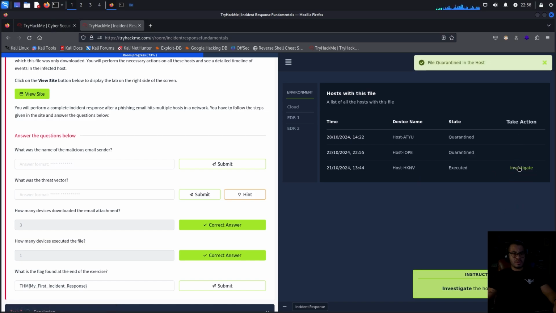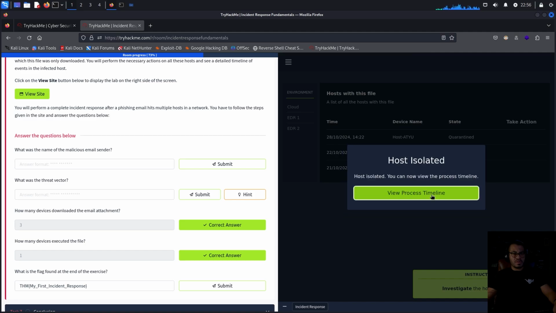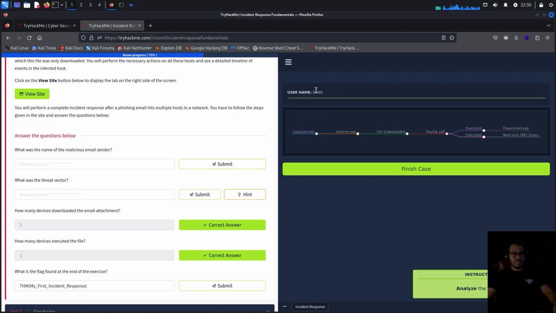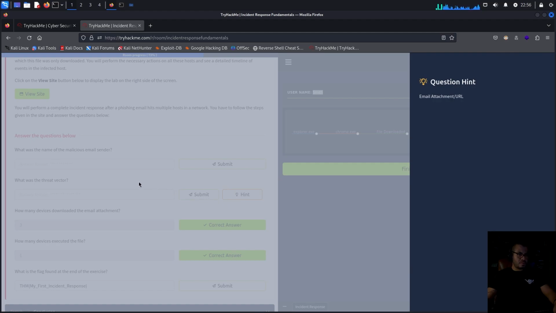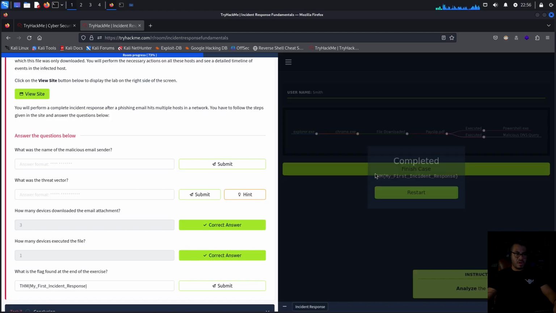Like let's say quarantine, investigate, isolate the host, view process timeline, username Smith, PowerShell. What was the threat vector? I don't know about this. Email attachment or URL. Okay.